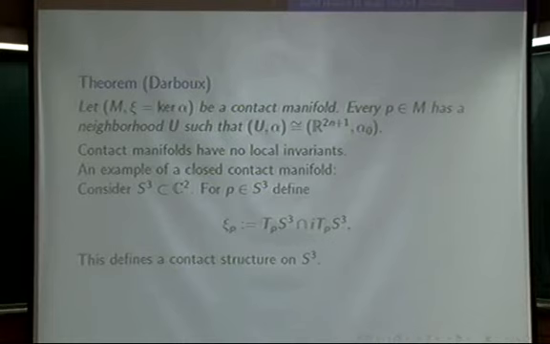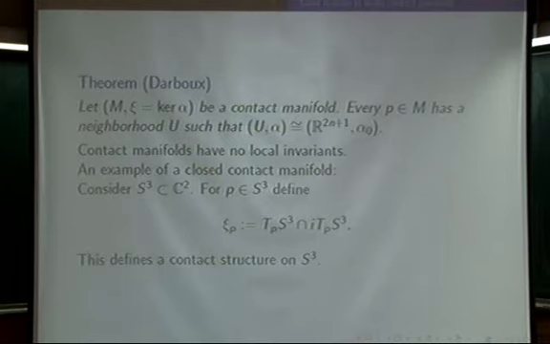Now, you could look at non-compact contact manifolds, but let's look at compact contact manifolds, because there you see this phenomenon maybe better. Locally they're all trivial, but globally there's still something interesting going on. So here's one way to define the contact structure on S3, which does not use this form definition.